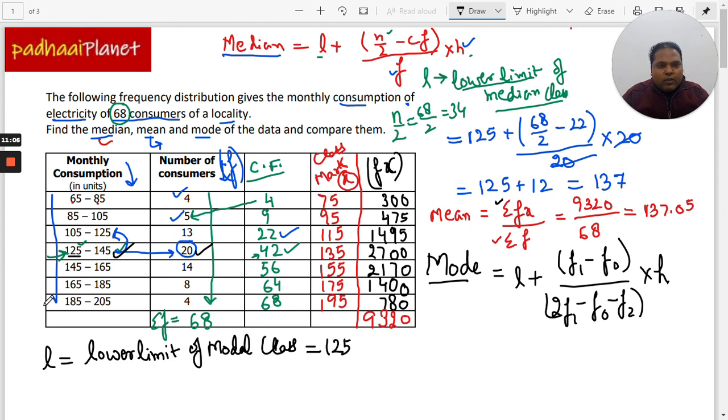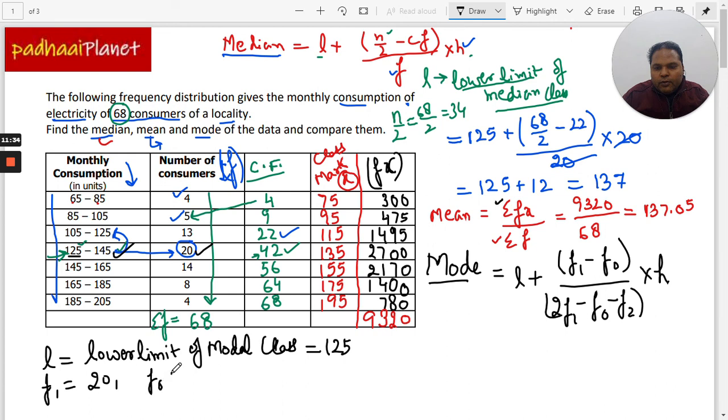It is not necessary that both the median class and the modal class of the data which is given here are going to be the same. Here it's just a coincidence, so let's not get confused with this understanding. So L is equal to 125, and F1 is the frequency of the modal class, so that is 20.